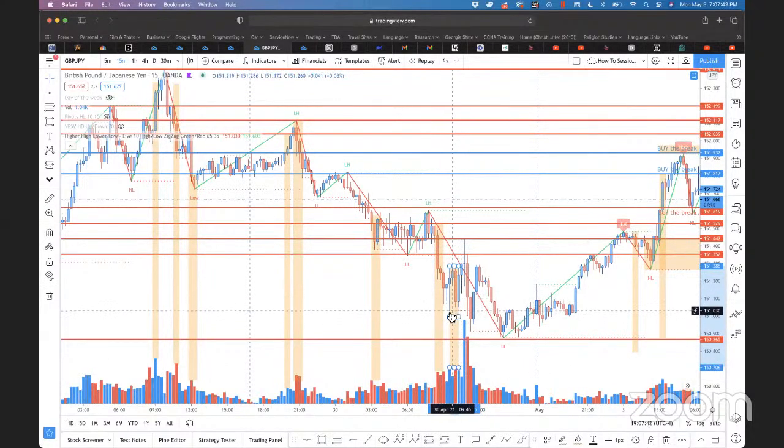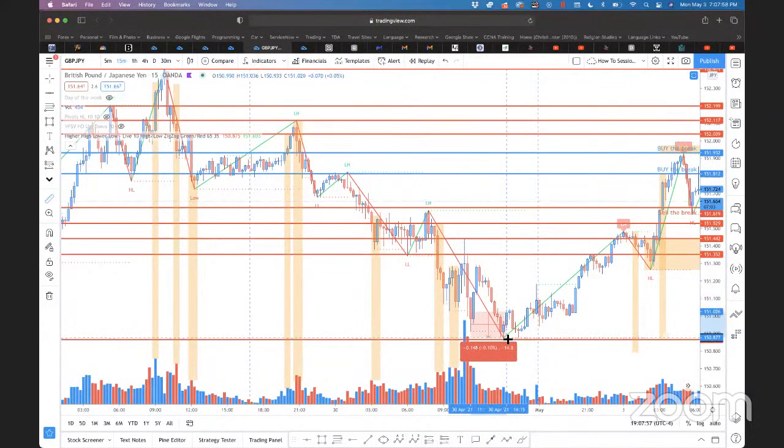This is setting our low right here. We don't get price going too much lower than that at all, right? Maybe within about 10 to 20 pips, right? It doesn't move any lower than that. 14 pips to be exact.